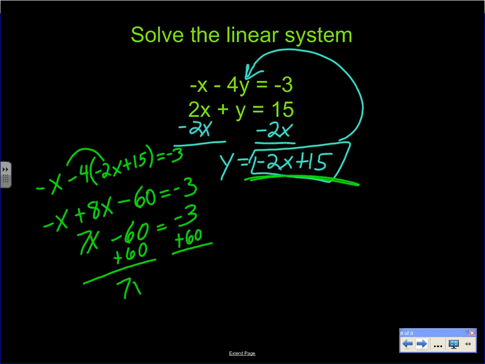So here we have 7x is equal to -3 plus 60, which is 57. Divide by 7, divide by 7. x is equal to 57 over 7. Let's go ahead and write that into the ordered pair.